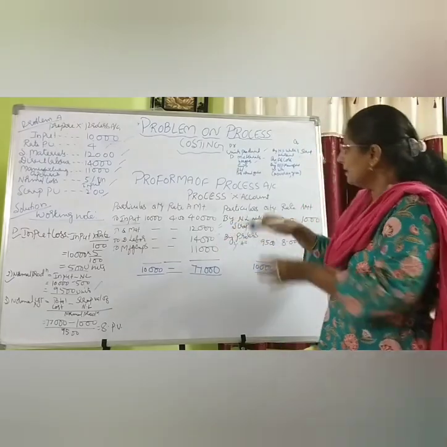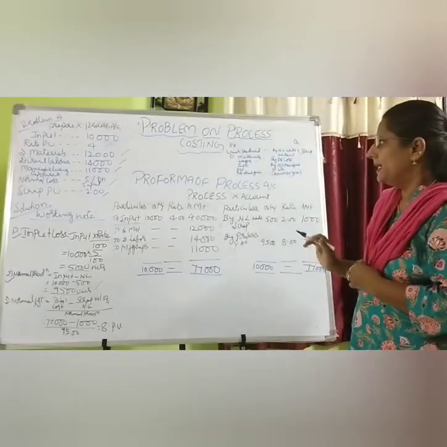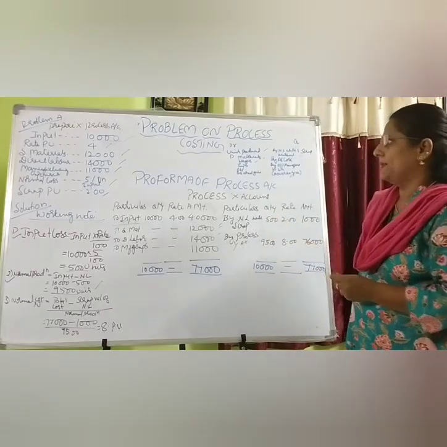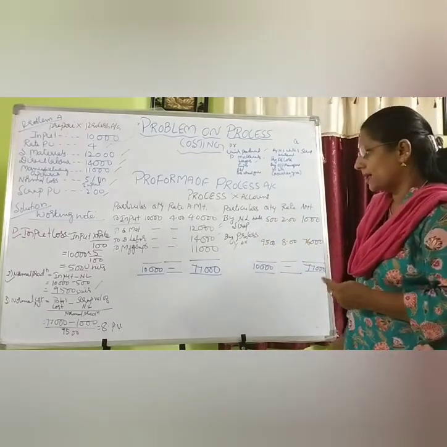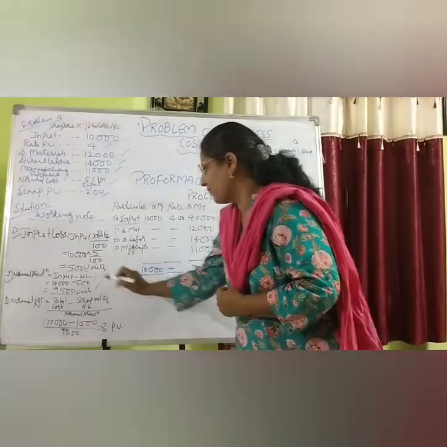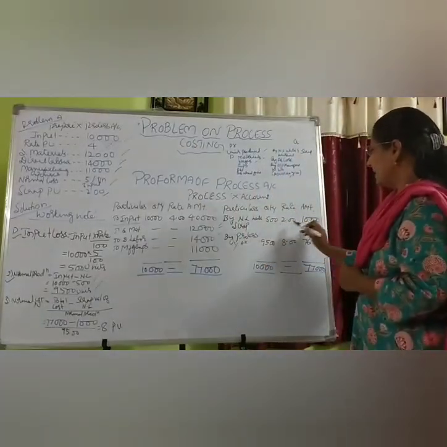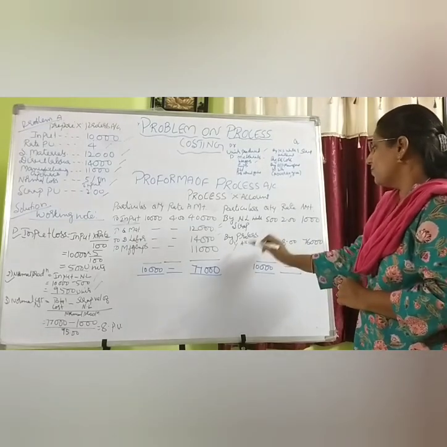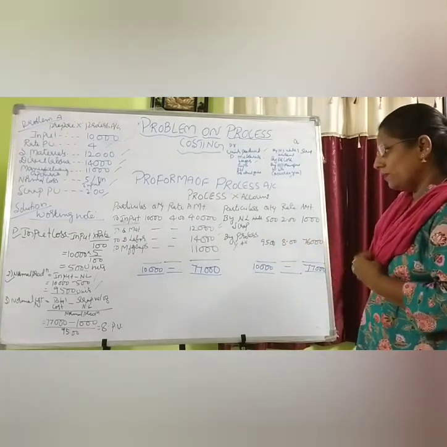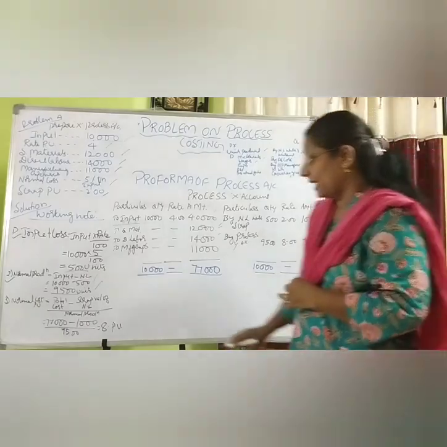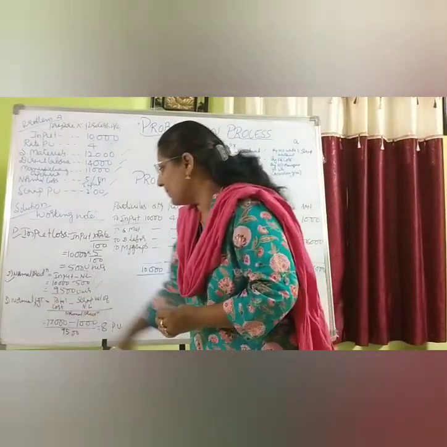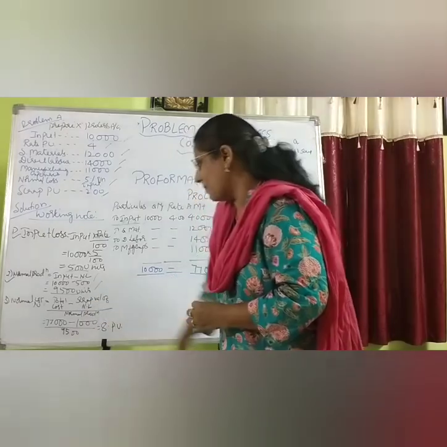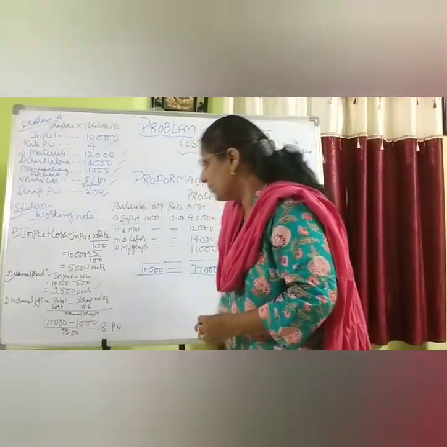Now let us see the credit side. By normal loss with the scrap, that is 500, already we have found out here, this 500 into 2, that is 1,000. Now here by process Y account. Now what we have to do, we shall calculate the normal cost per unit, that is total cost minus scrap value of normal loss divided by normal production.